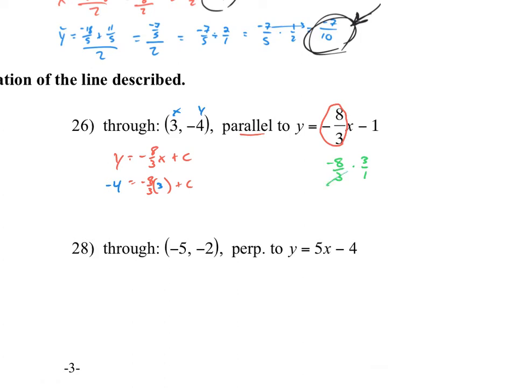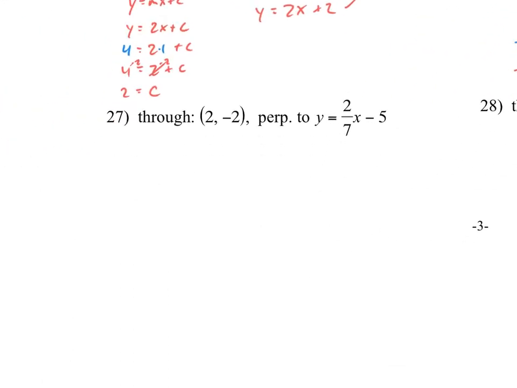The 3's cancel out, and you're just left with the -8. So you're just left with -8 plus c, -4. That's lovely. If we add 8 to this side and add 8 to that side, you're left with c is 4, and so your equation should be y equals -8/3 x plus 4. I like it. All right.